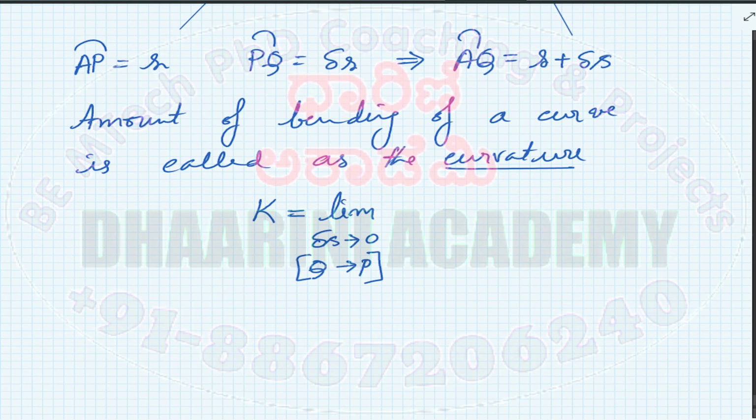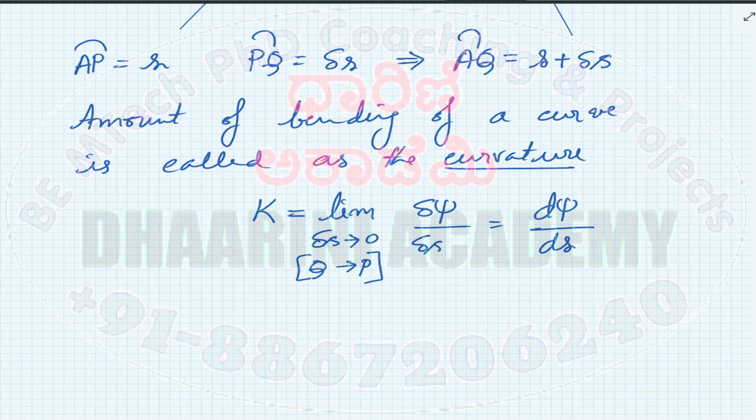So K, the curvature, is equal to the limit delta S tending to 0 of delta psi by delta S. This itself is defined as d psi by ds. So this is what is called the curvature.